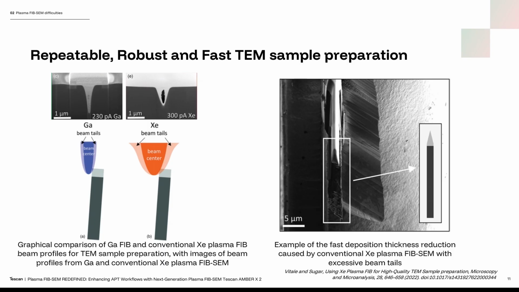However, this introduces its own challenges, particularly in achieving the desired final thickness or good shape of the atom probe tip. All these factors, layer thickness and the sensitivity to beam tails, contribute to the increased complexity of TEM sample preparation or atom probe sample preparation on conventional plasma FIB-SEM. Ultimately, these trade-offs stem from the inherent characteristics of the plasma FIB beam profile.